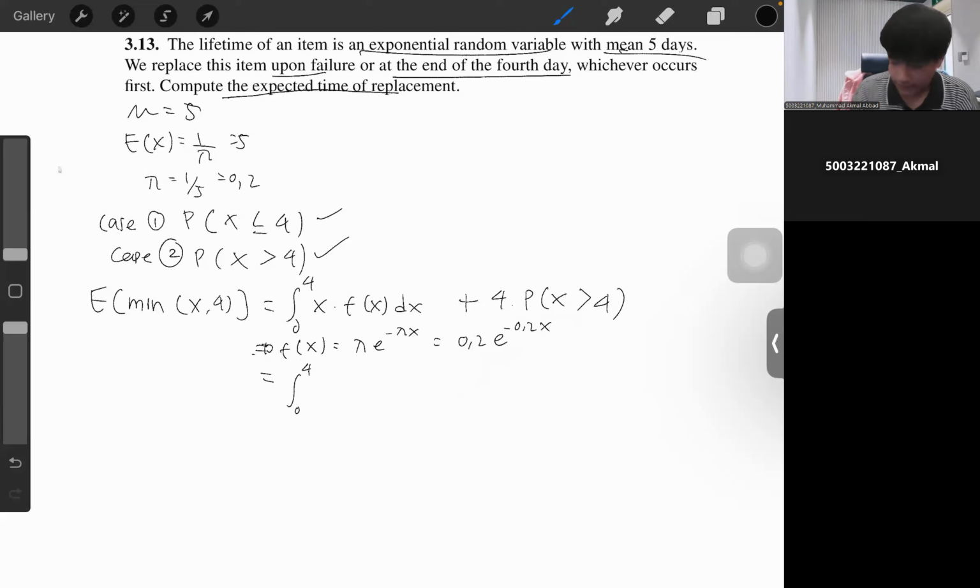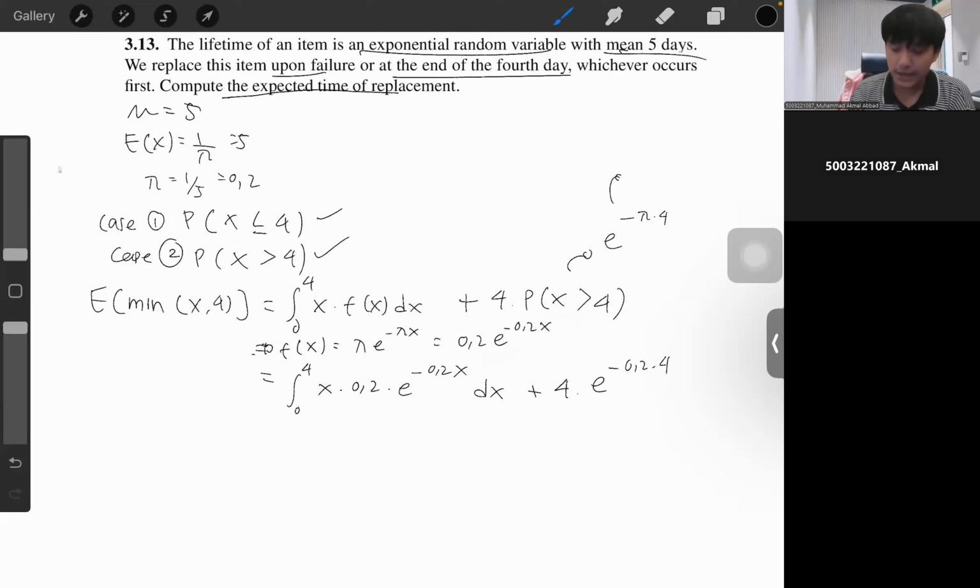We can calculate the integral from 0 to 4 of x times 0.2 exponential of minus 0.2x dx plus 4 times the probability that x is greater than 4, which is exponential of minus lambda times 4, where lambda is 0.2.